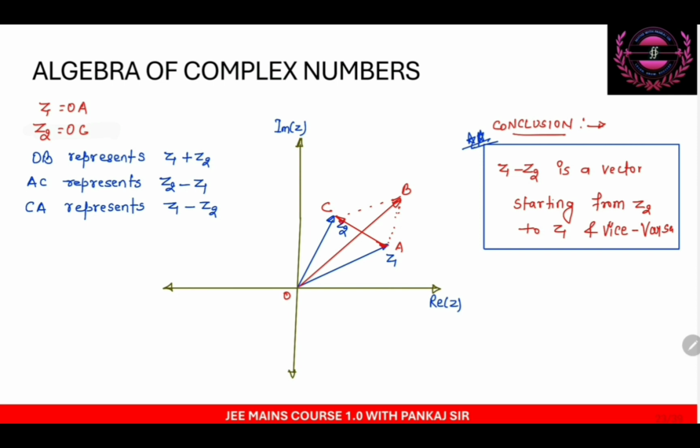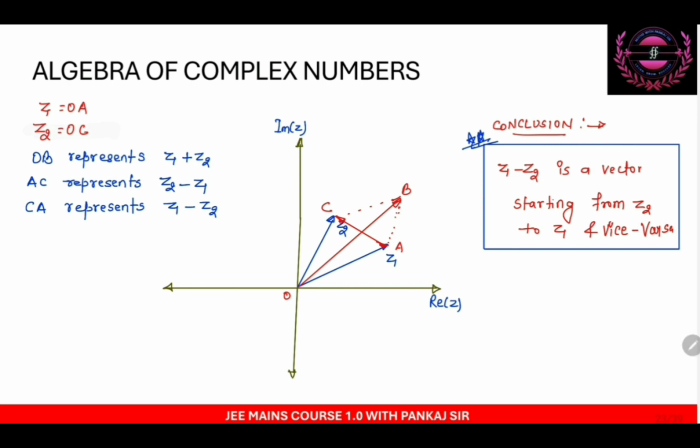And one more thing is also clear: if I draw complex numbers as vectors on the Argand plane, then using the parallelogram law, one of the diagonals represents the vector addition of the two complex numbers, and the other diagonal represents the subtraction of the two complex numbers.